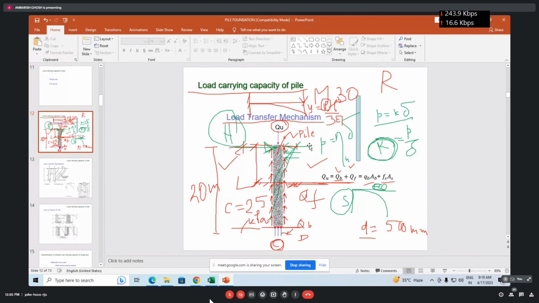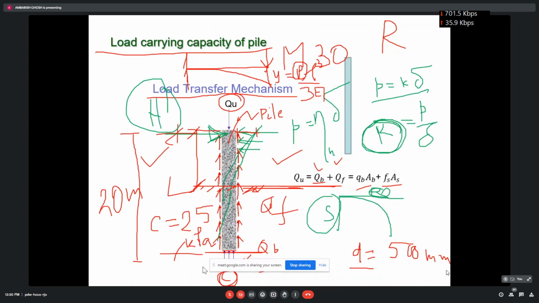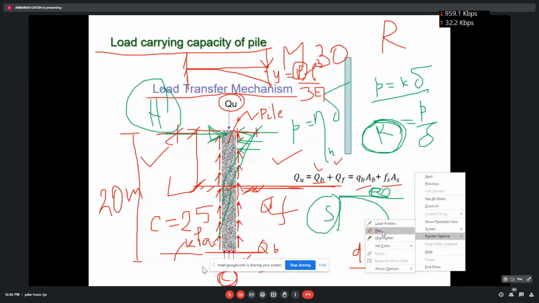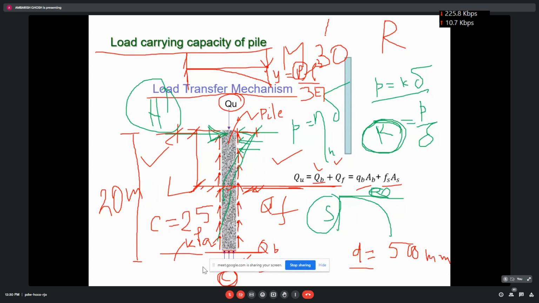You see, without deformation, how will the resistance develop? So you have to allow more deformation for larger diameter piles. Then only you will get the load, isn't it? So for that IRC 78, please write down IRC 78 for bridge codes, has recommended that this will be 1% of the pile diameter.